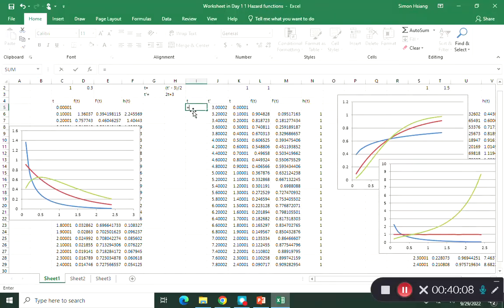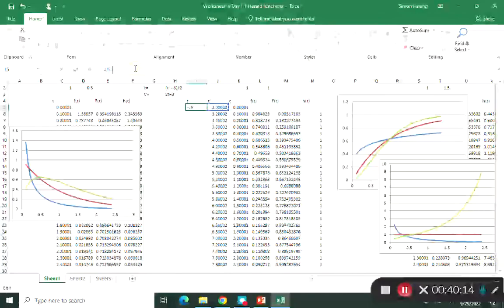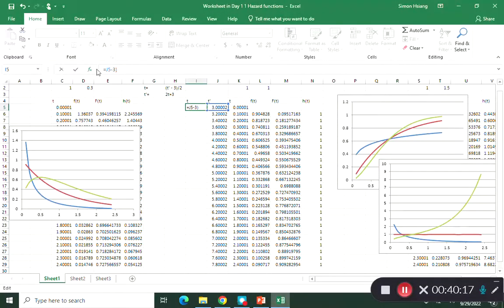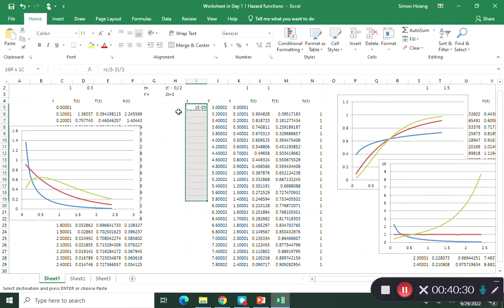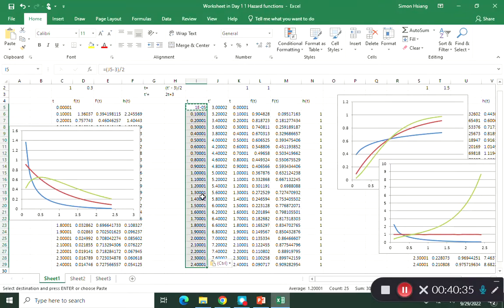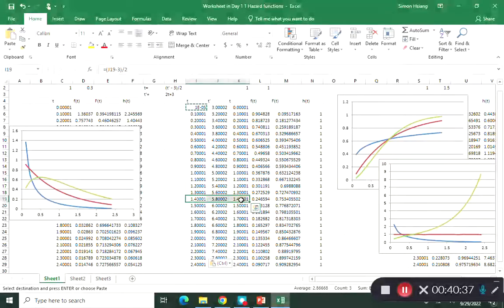My t will be equal to whatever my observation minus 3 divided by the scale parameter 2. Then you should gradually see this and this exactly the same.